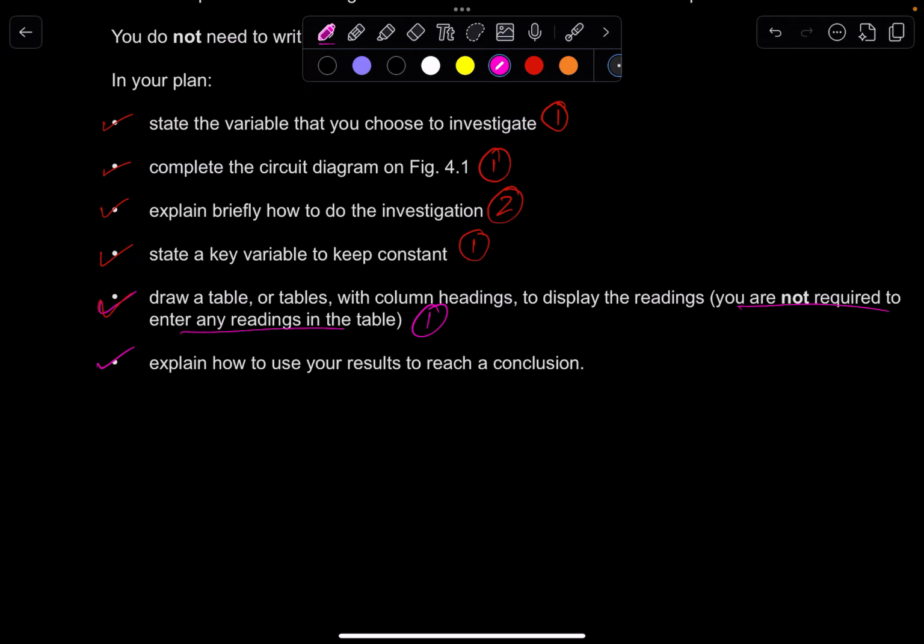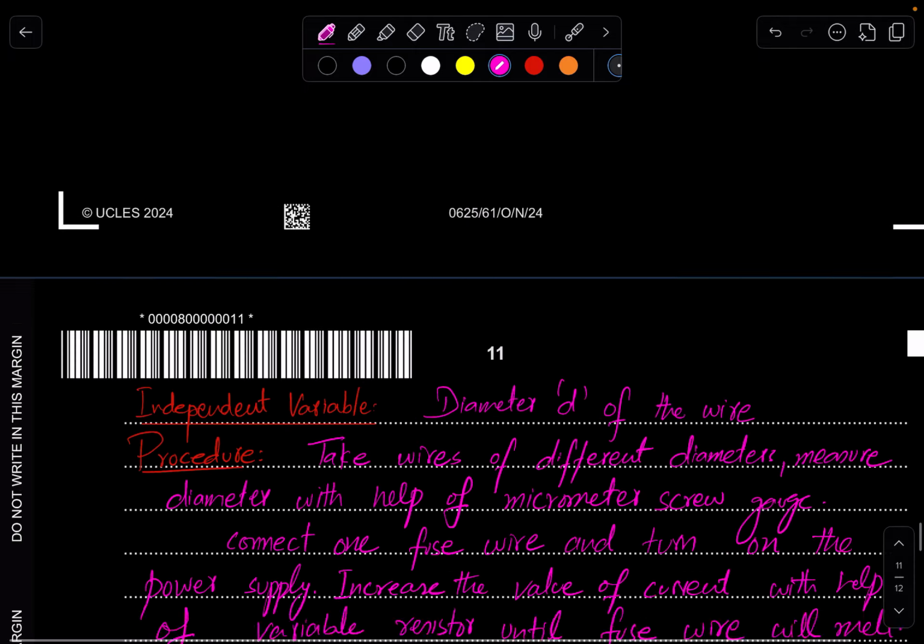And the last point: explain how to use your result to reach the conclusion.